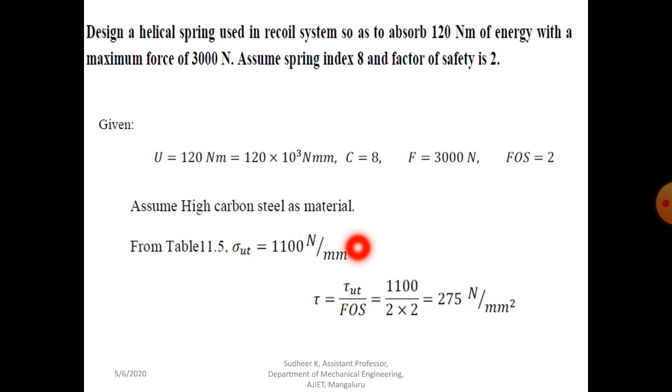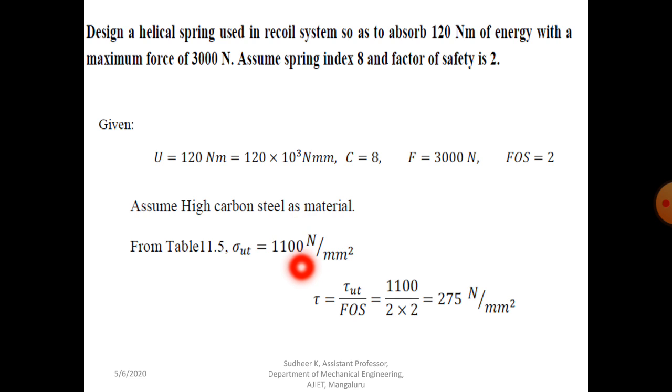Allowable stress can always be calculated as sigma yt divided by FOS, that is nothing but the allowable or design stress for the spring material. So we have to divide this by factor of safety, then you will get sigma allowable.